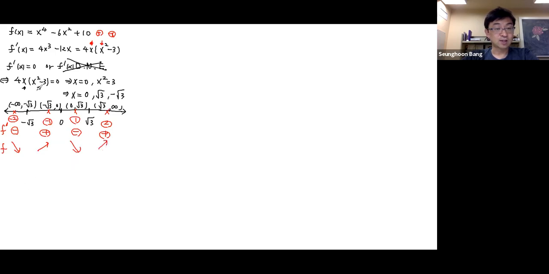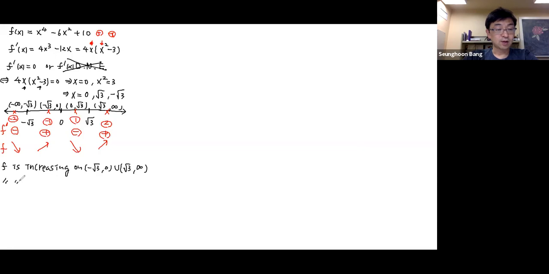So what is the answer to the first and second questions? The function f is increasing on negative root 3 to 0, and on root 3 to infinity.